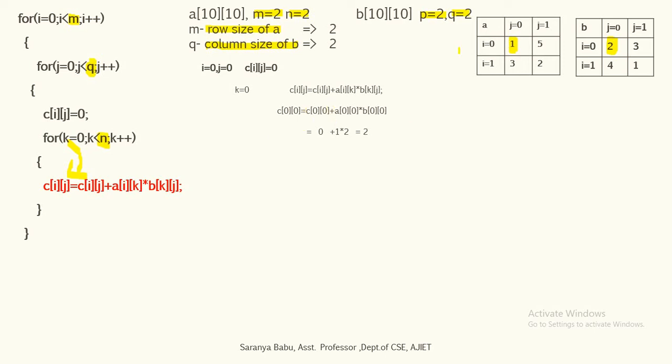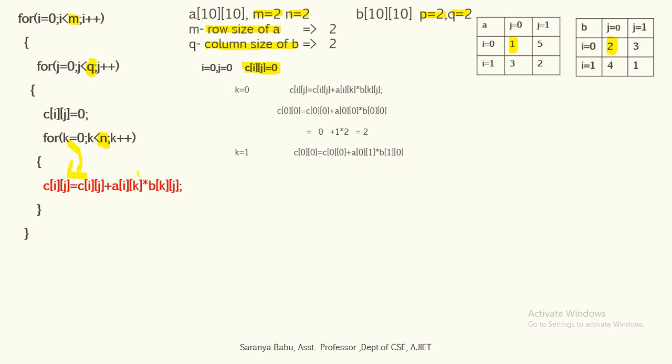That is, the first row needs to be multiplied by the first column and then the results we obtained need to be added together. That's why we are using C of ij, to store the result. And we have set the initial value to 0 just to overcome whatever garbage value it may have. And so we computed 2.